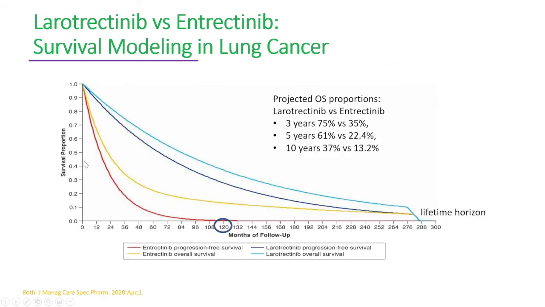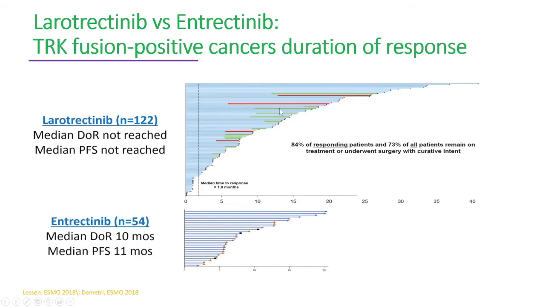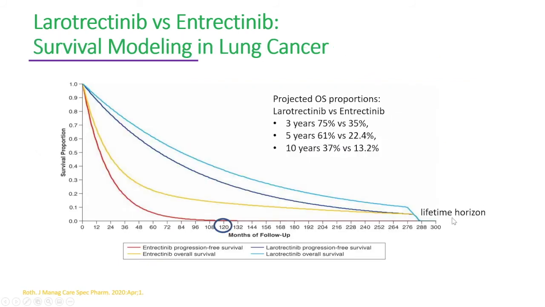Now this is survival modeling, or what we call in economics survival extrapolation. They take these survival and progression-free survival models from the original trials, and they try to see in a lifetime horizon, which means not in 10 years, not in 20 years, they see forever when all these patients will die.